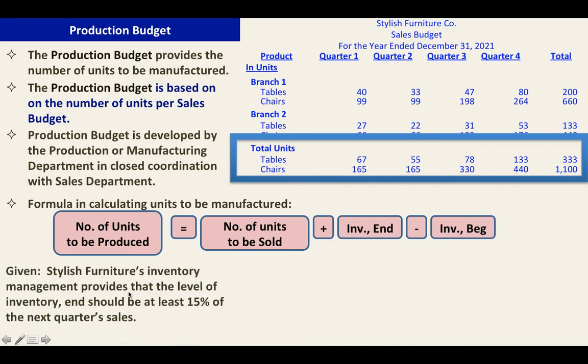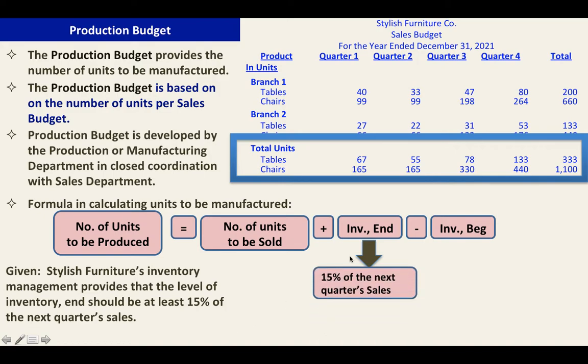Okay, so class, for Stylish Furniture, we will be using this assumption: the inventory level of inventory end should be at least 15% of the next quarter's sales. This is the assumption that we are going to use.